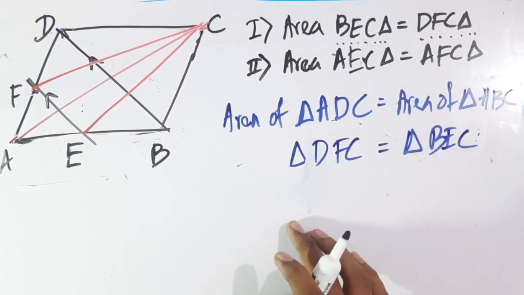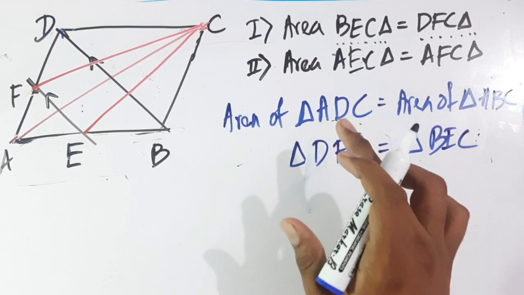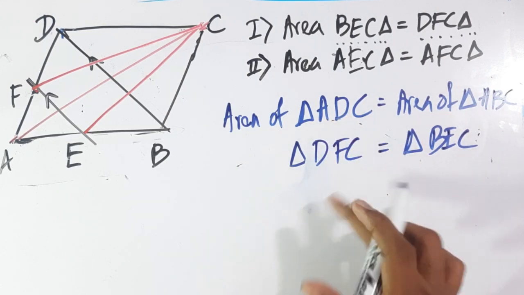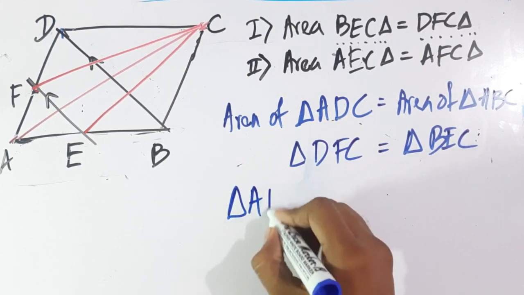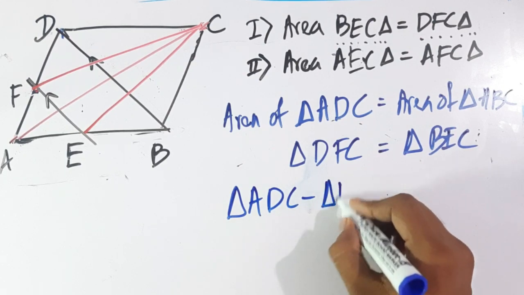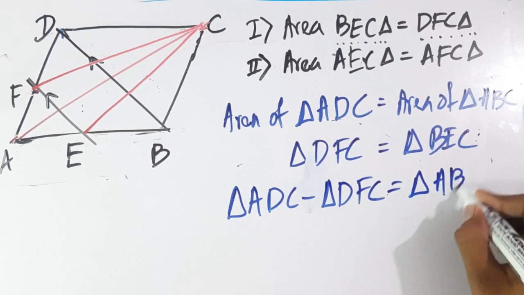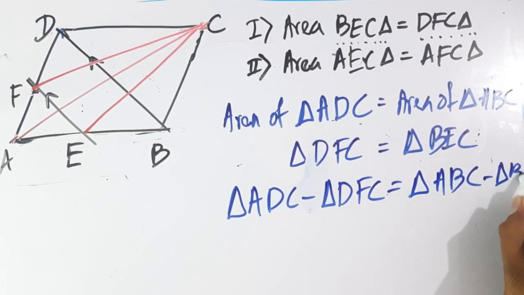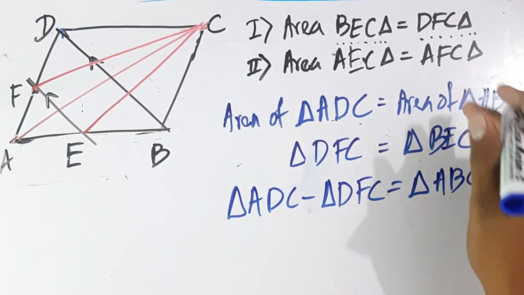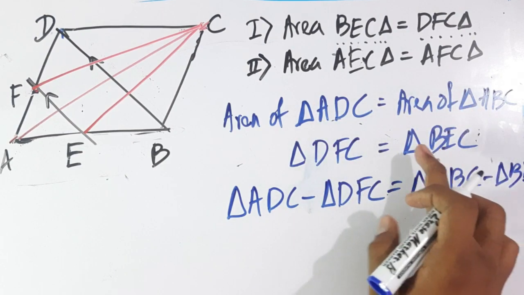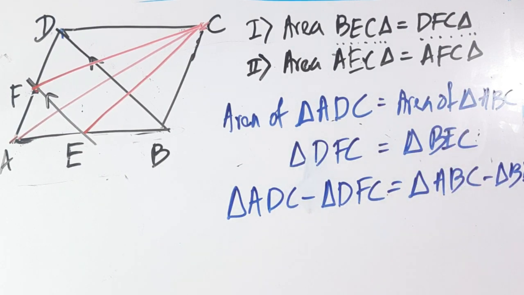What I'm going to do is, from triangle ADC, I'm going to subtract the triangle DFC. And on the other side, from triangle ABC, I'm going to subtract the triangle BEC. I can do that because these two are equal and these two are equal. So by axioms, I can subtract them.